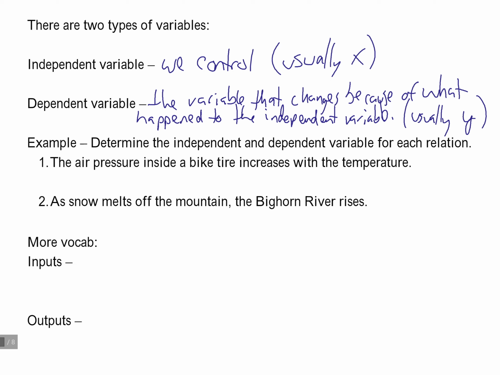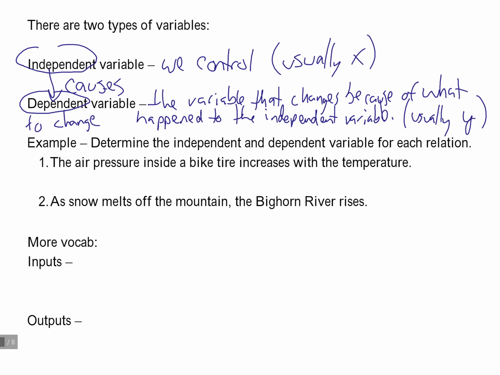Okay. Now the variables don't always have to be x and y. That's why I'm saying usually x and usually y. So the independent variable, whatever it is, is the one that we control. And the dependent variable, whatever it is, is the variable that changes because of what happened to the independent variable. Okay. So basically what happens is the independent variable here causes the dependent variable here to change. Okay? One causes the other to change.